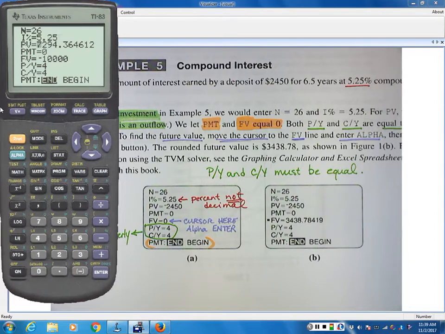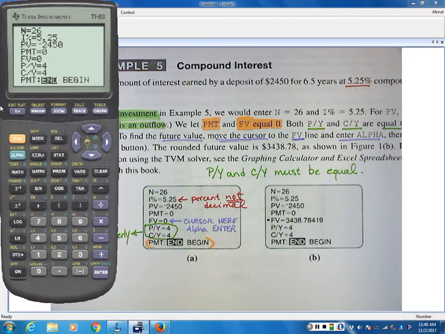Your present value, remember that that's the money that you're paying out in the beginning, so it needs to be negative. You're not making any payments, you're making that one-time lump sum payment, so payments are 0. Set your future value to 0.